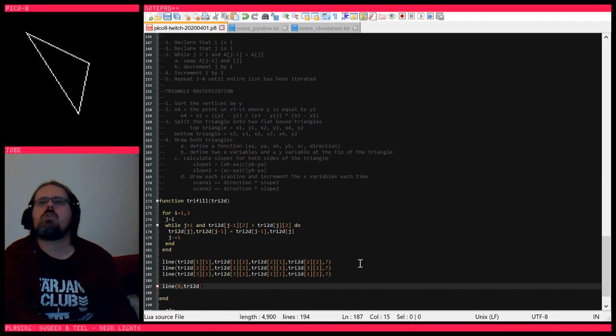So we're going to draw a line from 0 and the y value of the middle vertex to 127, and I get the same y value. And 7.